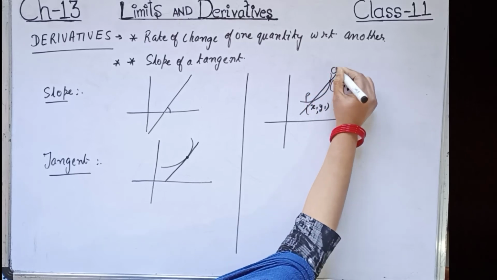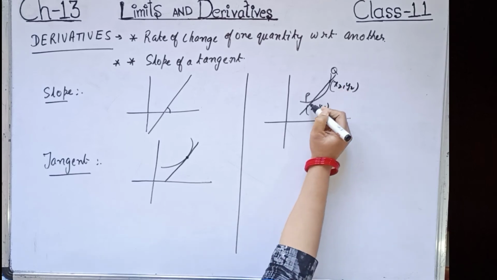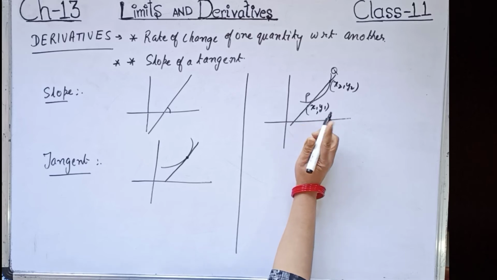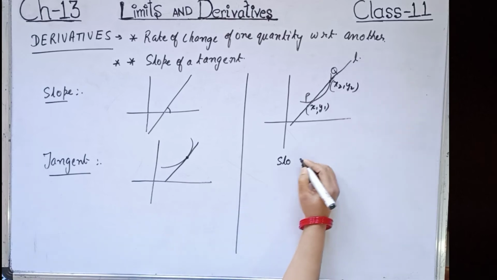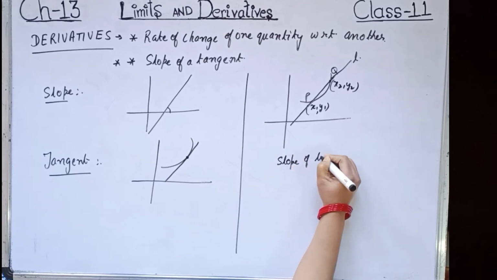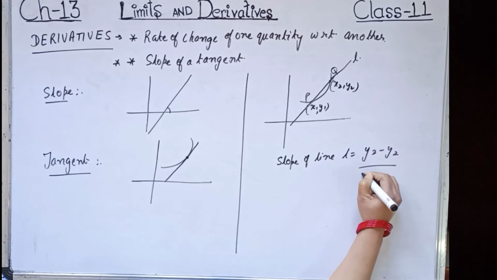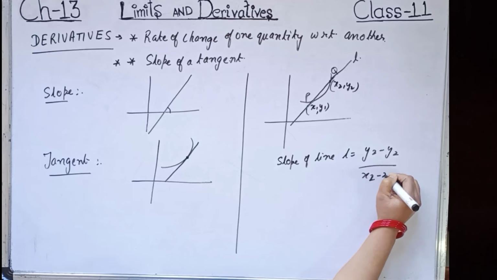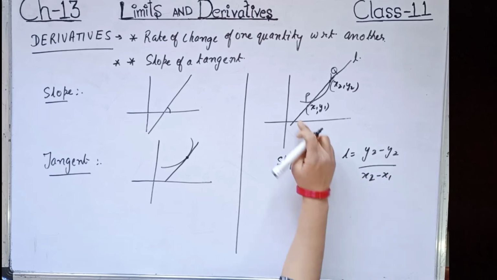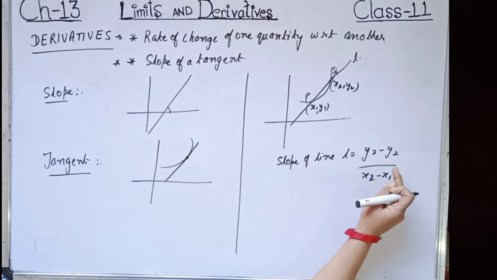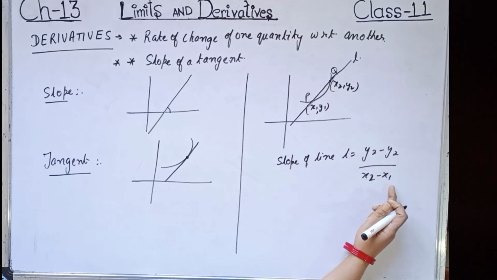This point is P (x1, y1) and Q (x2, y2). To get the slope of this line L, from conic section we know the slope of line L equals the difference of the y coordinates divided by the difference of the x coordinates. We also write this as tan theta if theta is known. But if the 2 points are known, then the slope of this line is y2 minus y1 divided by x2 minus x1.